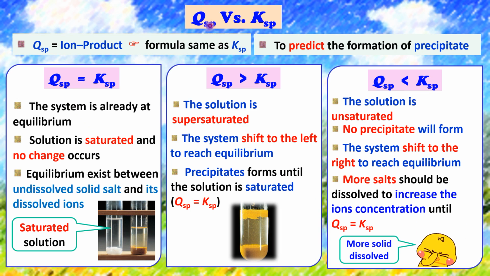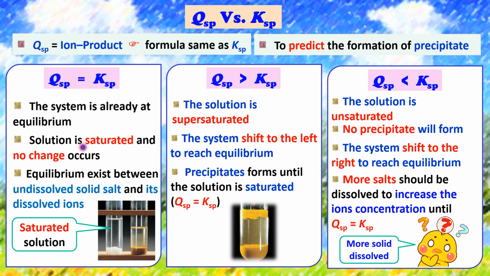Alright, so now comparison between QSP versus KSP. So what is QSP? QSP refers to the ion product. So the formula is the same as KSP. Okay, the function of QSP here is to predict the formation of precipitate. Okay, so if the value of QSP is equal to KSP, the system is already at equilibrium.